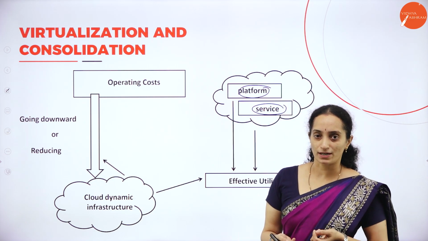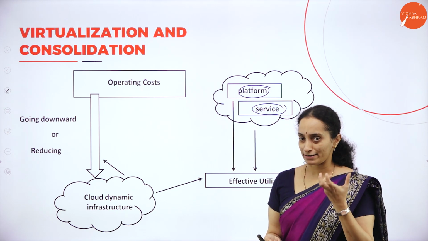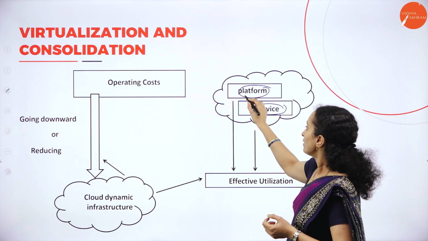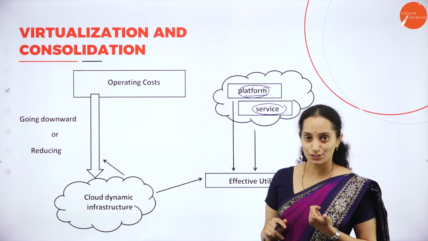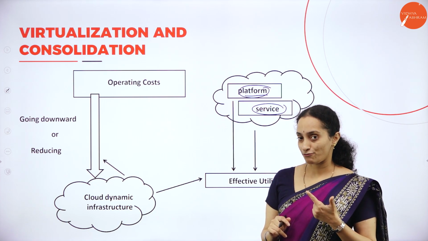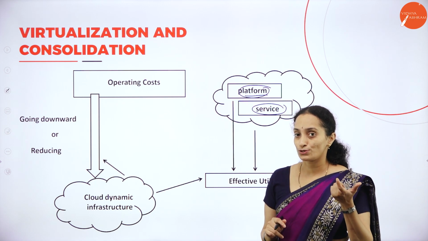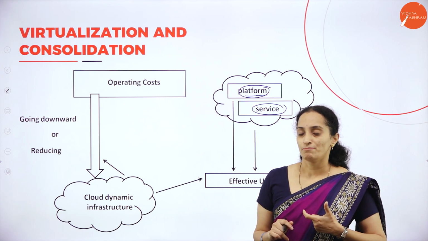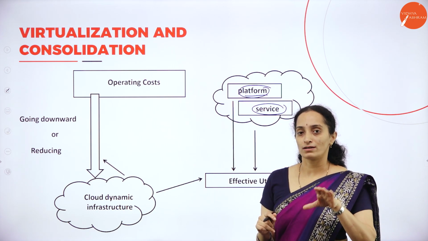Not everything can be virtualized; hardware cannot be virtualized. You need the actual hardware. You can have the platform virtualized, like a virtual copy of Visual Studio or a virtual copy of the PHP or JSP provider or software.